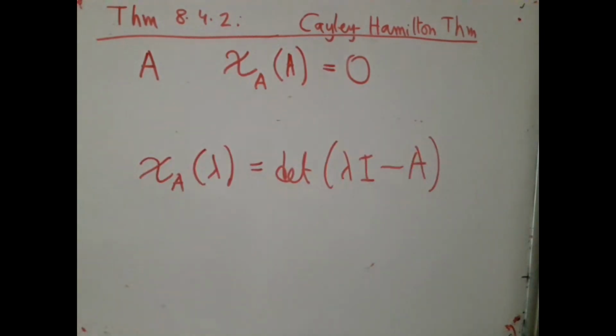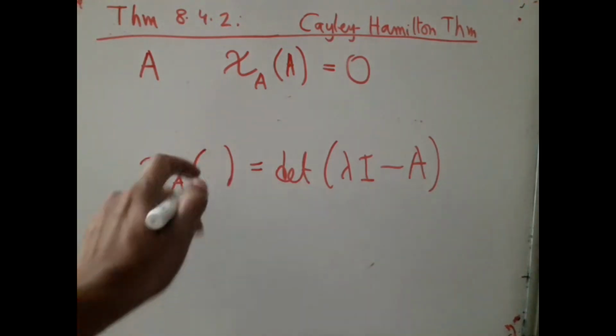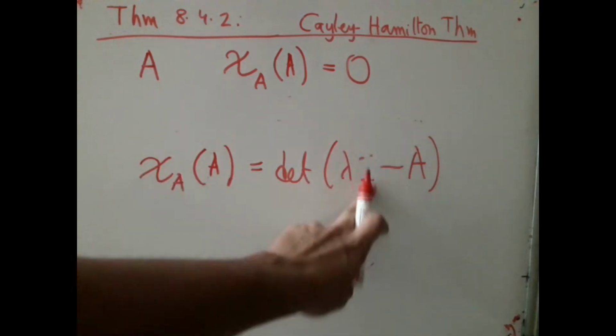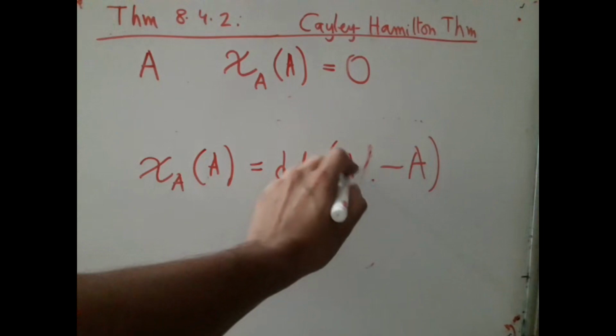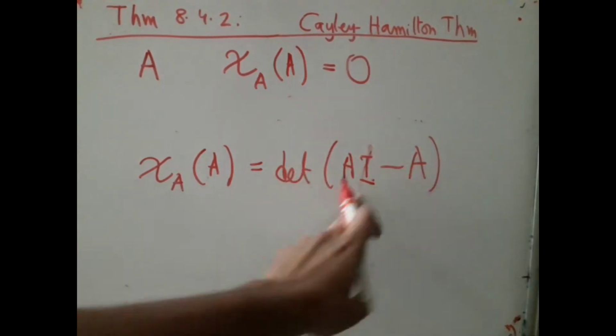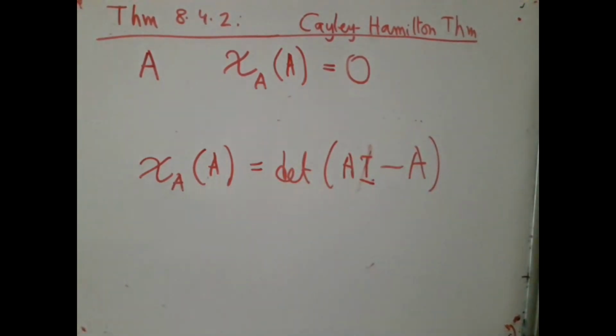Now here is a naive but wrong way of trying to prove it. We have chi_A, the characteristic polynomial given by this, so you might be tempted to just replace this lambda by A and conclude this is the determinant of a zero matrix, which is 0, hence done.